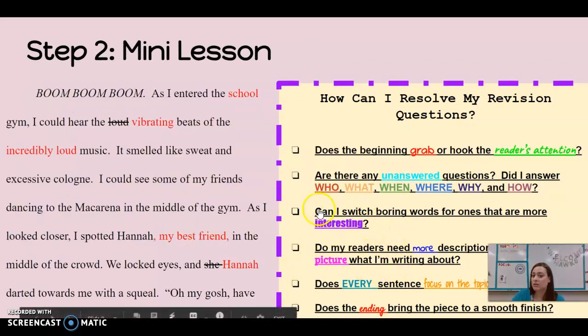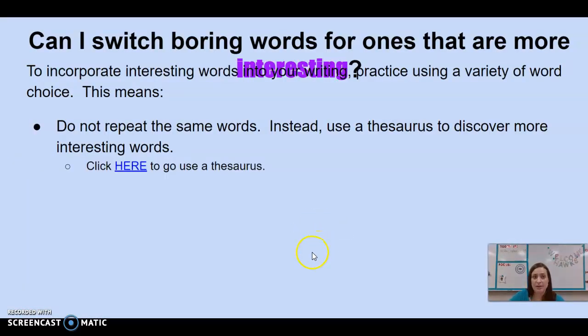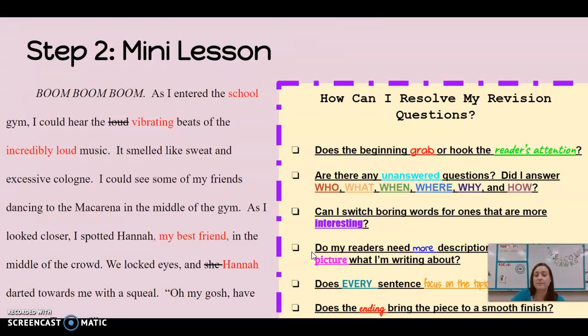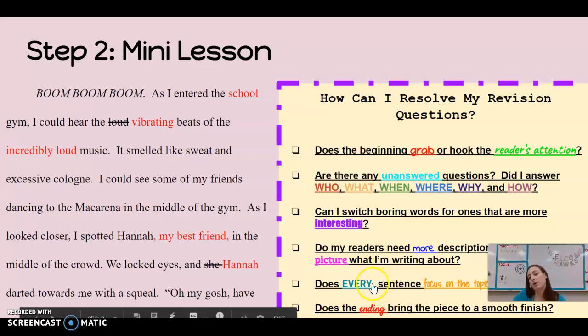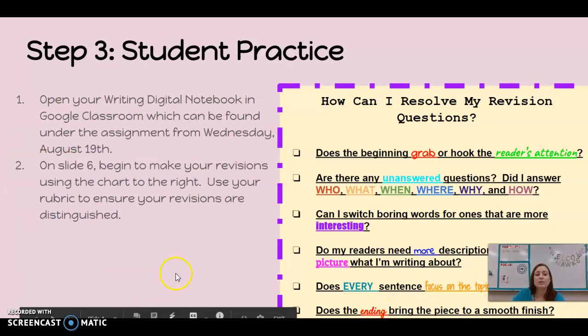If you need to look at switching out boring words to ones that are more interesting, you can click here and read your information. If you need information on making more descriptions to be able to picture what I'm writing about, you can click here. If you are wondering if every sentence focuses on the topic, you can click here. And if you are looking to bring your piece to a smooth finish, you can click here to look at different strategies as well.